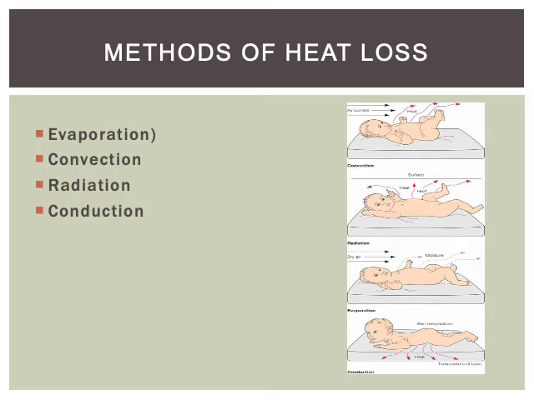It will cause the transfer of heat from the heated body surface to a cooler surface, and that will result in heat loss via radiation. The final one is heat loss via conduction, and that is the loss of heat to a cooler surface by direct skin contact.